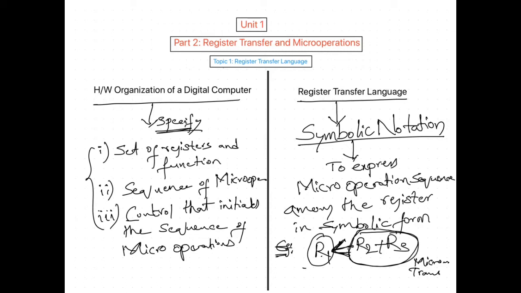This is register transfer language. It is a notation because I am using symbols: R2 is Register 2, R3 is Register 3, and R1 is Register 1. I call it symbolic notation because I am using an arrow mark and a plus. So I am symbolically specifying the operation sequence among the registers. That's why it is register transfer language, which is a symbolic notation.